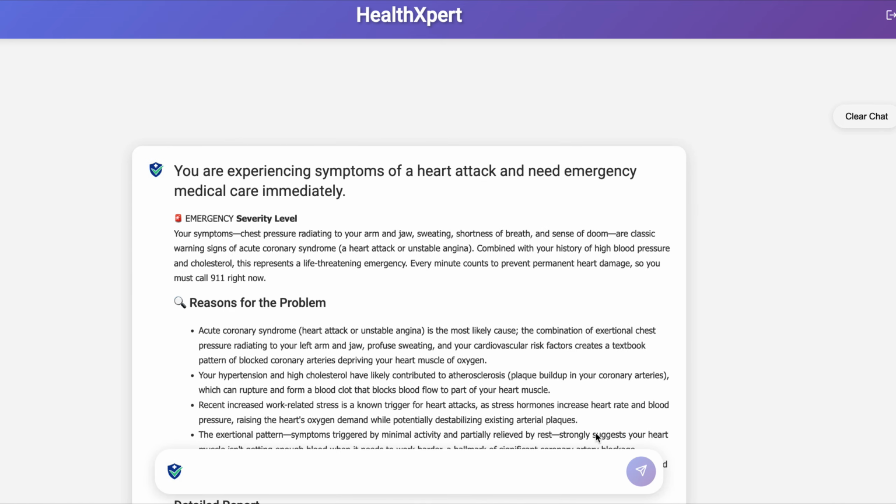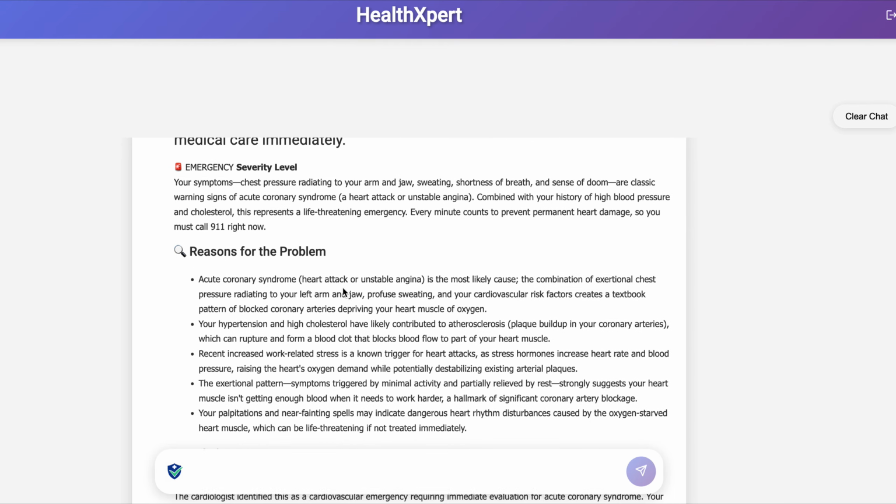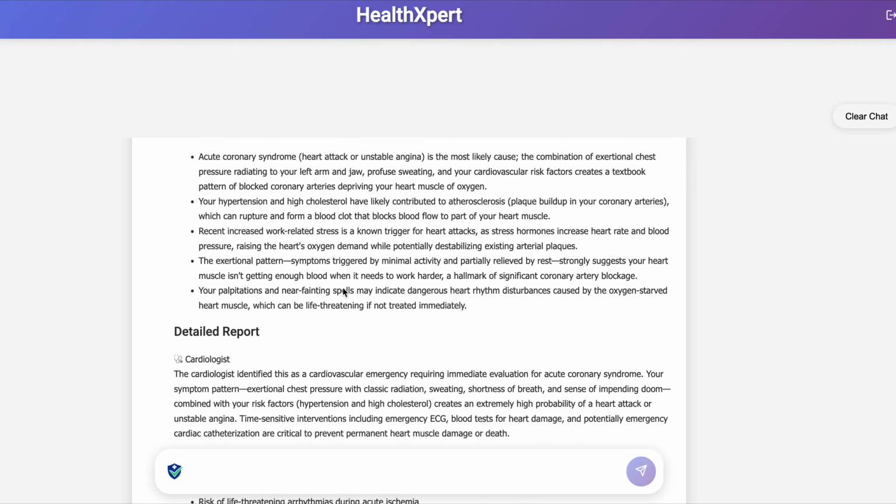Final report: based on the query results, the severity level may vary accordingly. For this particular query, the severity level has been classified as emergency, with reasons for the problem and a detailed report.